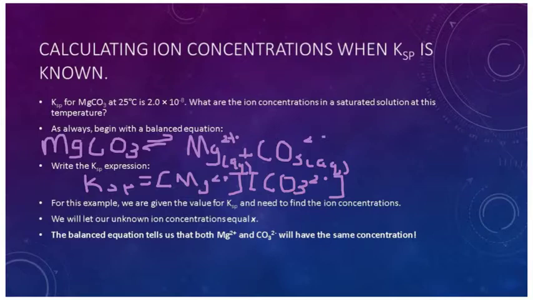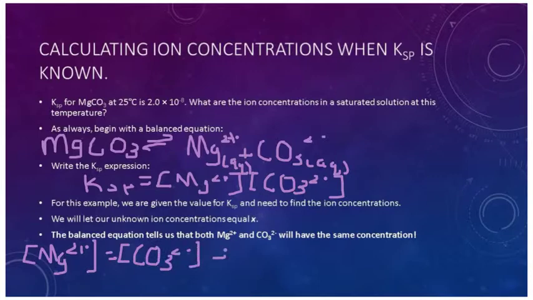We let our unknown ion concentration equal X. The balanced equation tells us that both Mg2+ and CO3 2- have the same concentration, which means we can say the concentration of Mg equals the concentration of CO3, which equals X. That means in my KSP expression, this is X times X, which becomes X squared, which is equal to the number that we're given.